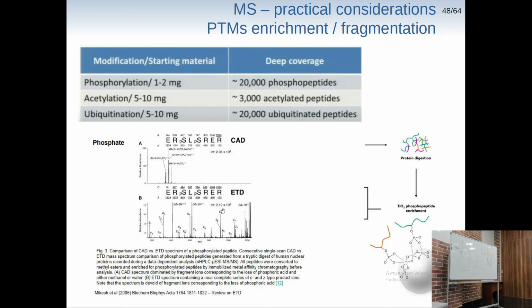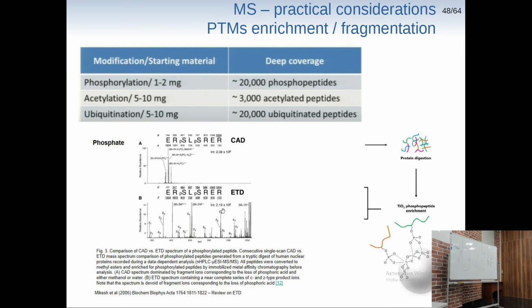So, was it clear that collision-induced dissociation, which we have been discussing, is only one of the possible ways to fragment our ions? Different ways of giving more energy to our ions for their fragmentation can allow us to get more information.